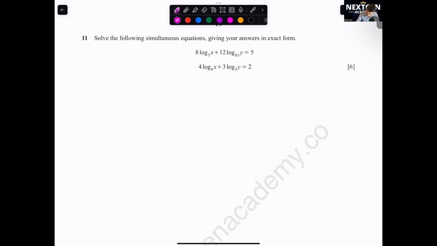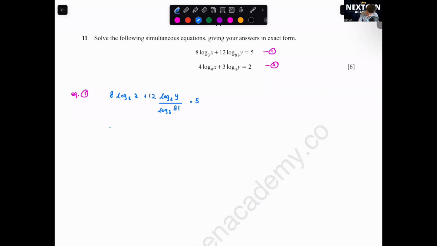Let's look at the first one. I call this equation 1. I want to simplify this 81 first, changing it to log 3. So 8 log 3x plus 12 log 3y over log 3 81 equals 5.